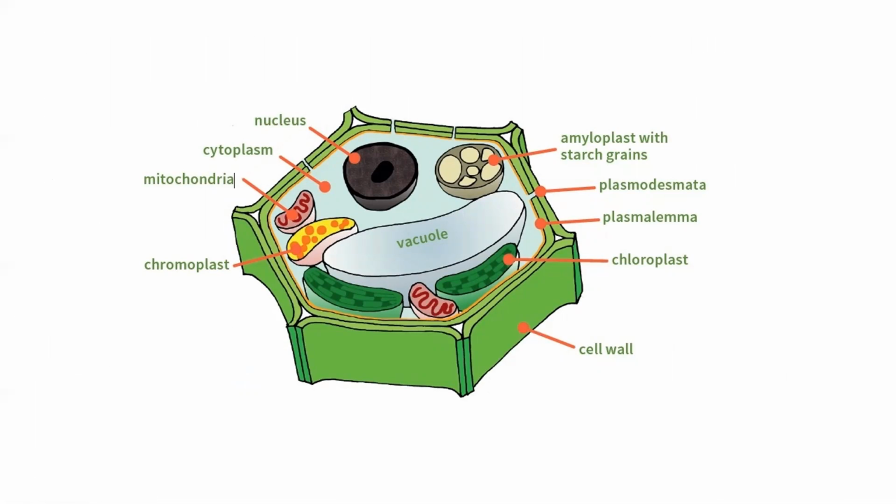So basically the protoplast is film-like and is pressed inside, against the cell wall by the large water-filled central vacuole. See, this is the vacuole.